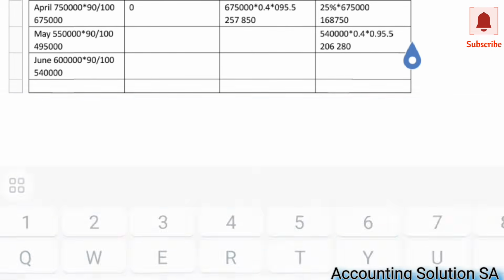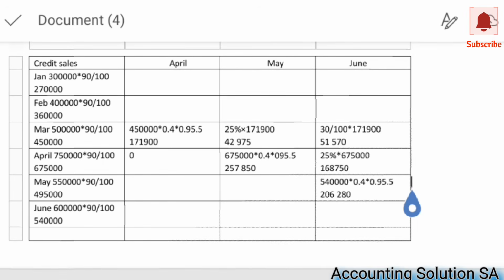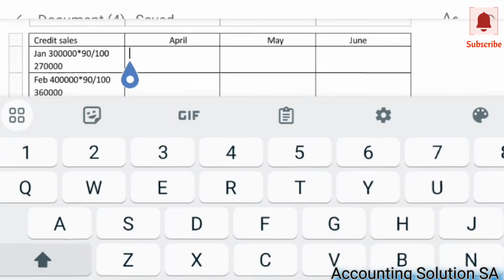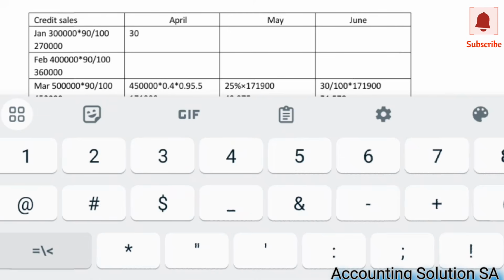Okay, now we are done with this part, but we have to go back and check January and February if they are not affected by 25% and 30%. The following month of January is February, which we were going to put 40% on February, and 25% on March, and 30% on April, which means that 30% on April is going to be affected as well.